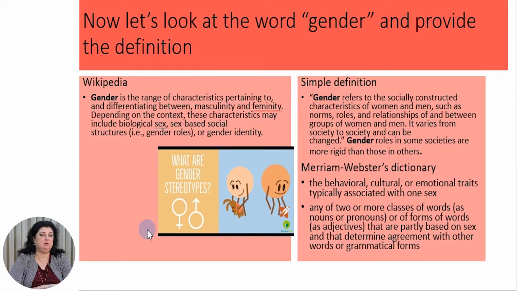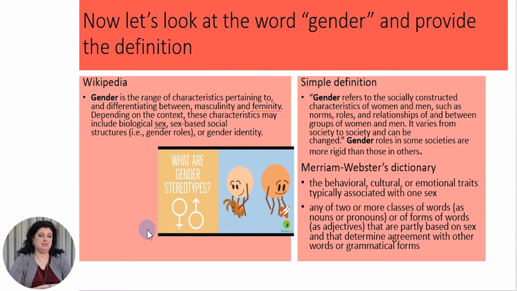Now let's look at the word gender and provide a definition. From Wikipedia, we have: gender is the range of characteristics pertaining to and differentiating between masculinity and femininity. Depending on the context, these characteristics may include biological sex, sex-based social structures, for example, gender roles, or gender identity.